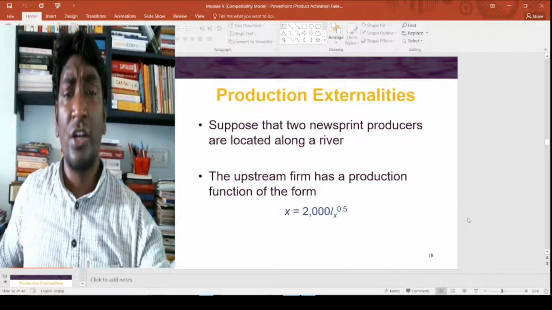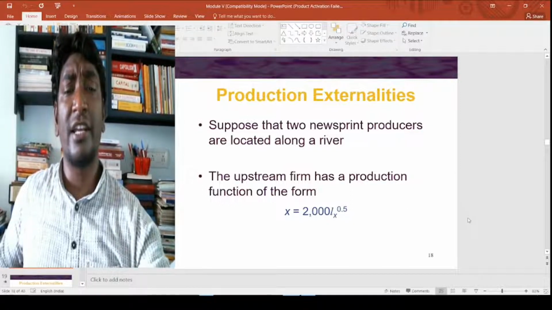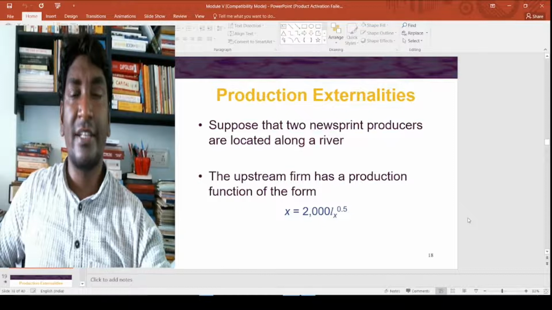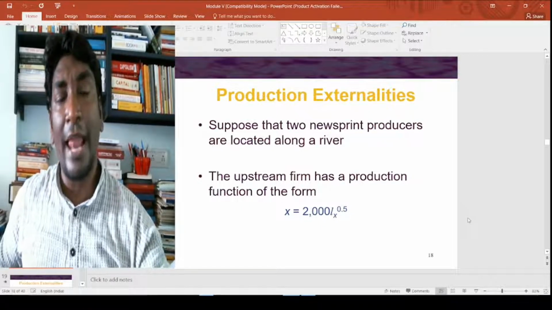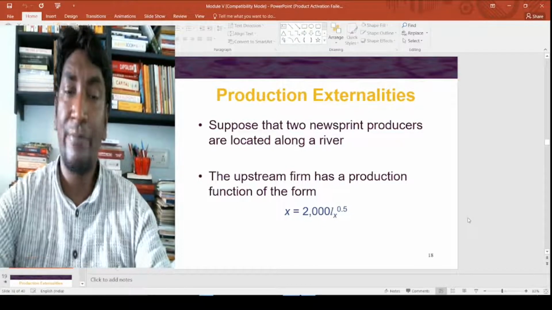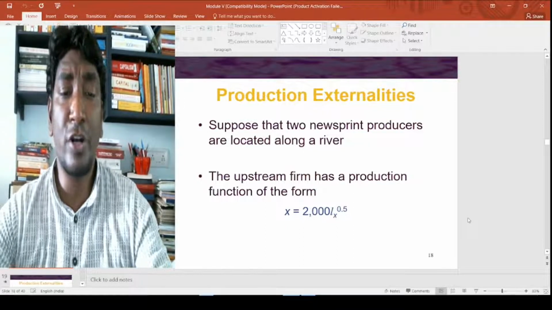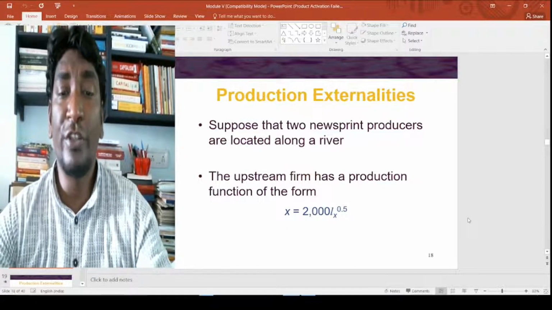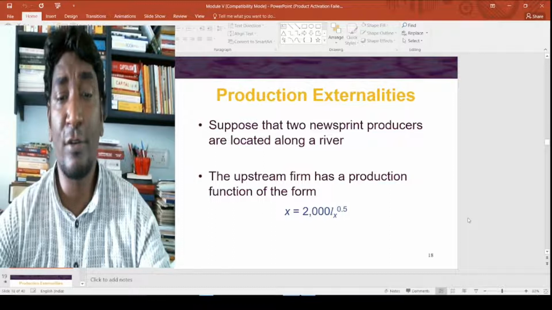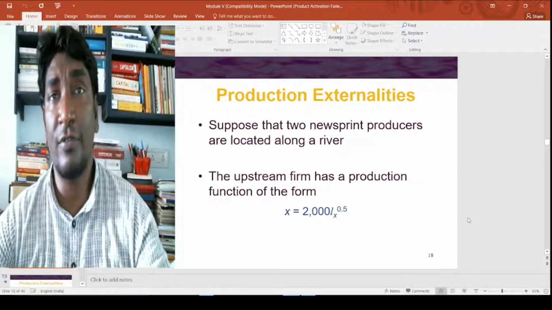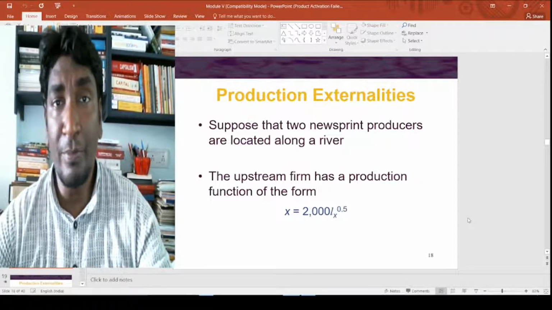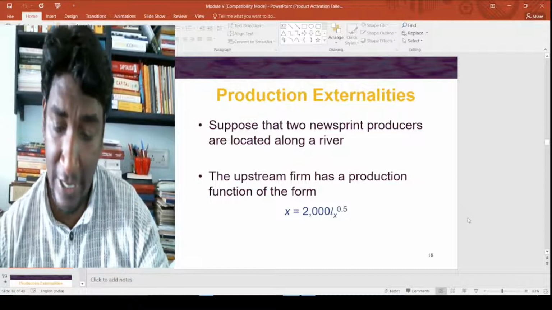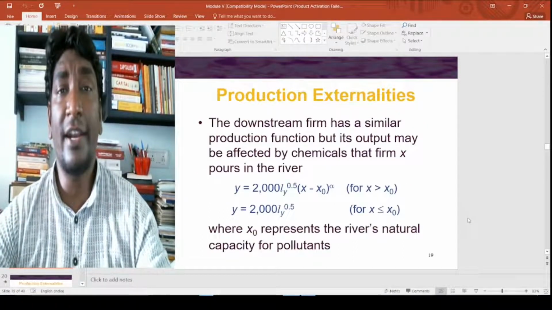Suppose that two newsprint producers are located along a river. Now let's have some calculations. The upstream firm has a production function of the form x equals 2000 Lx to the power 0.5.